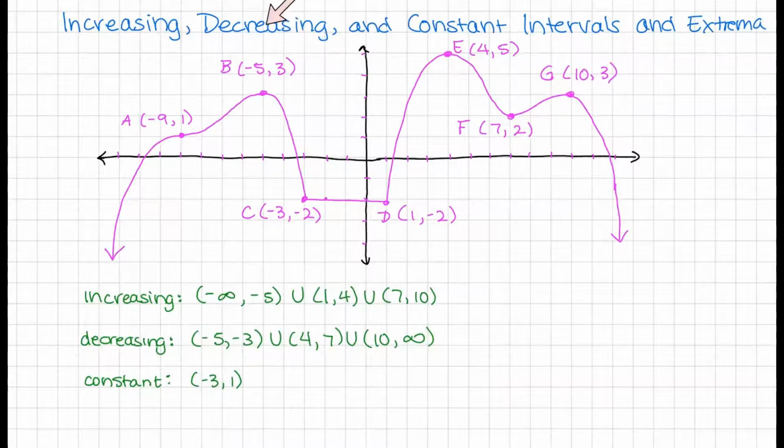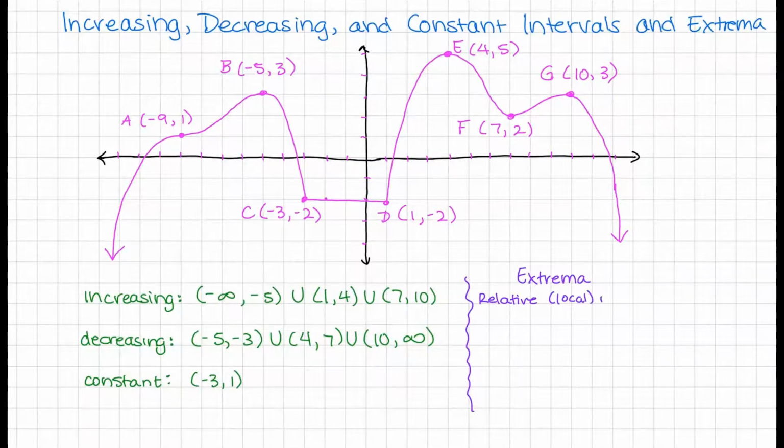So that's increasing, decreasing, and constant, but what are extrema? What the extrema is talking about is minimum and maximum values. And we have 4 different kinds of extrema. There's relative minimums, and actually sometimes they're called relative, sometimes they're local.